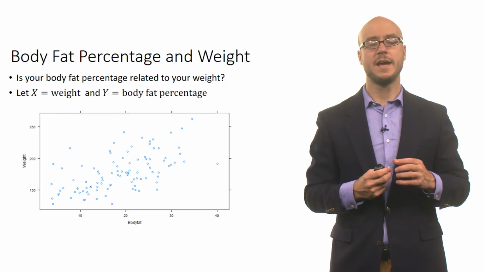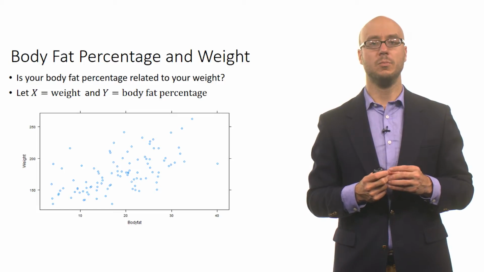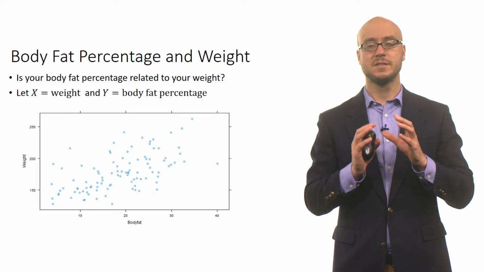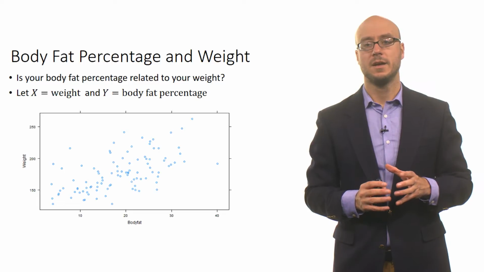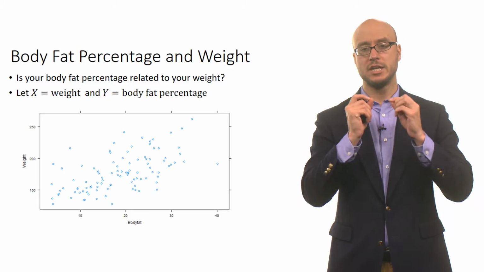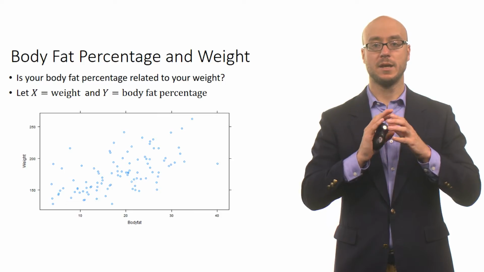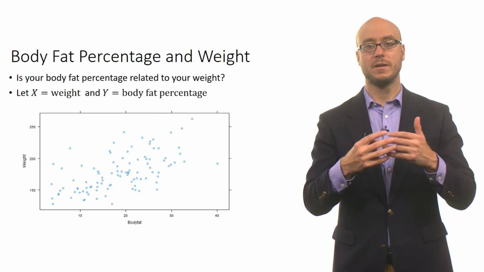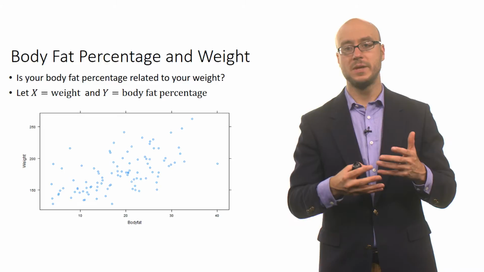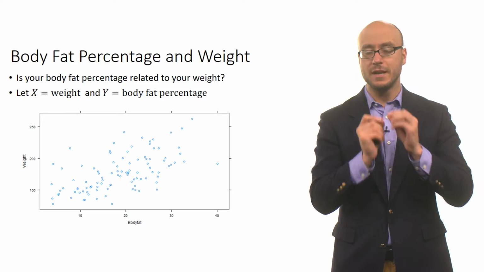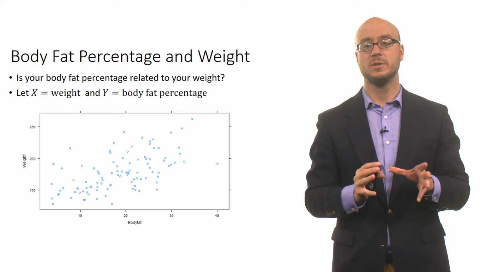So let's look at our data set of obesity, but this is a slightly different data set. Rather than looking at US states, we're just looking at a set of people, and we have around several hundred people here, and the data points here are individuals. They aren't US states.